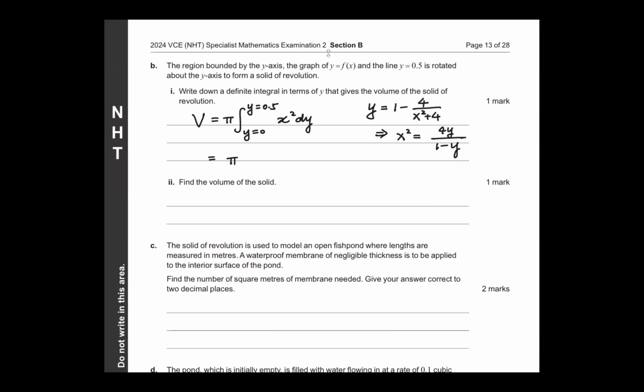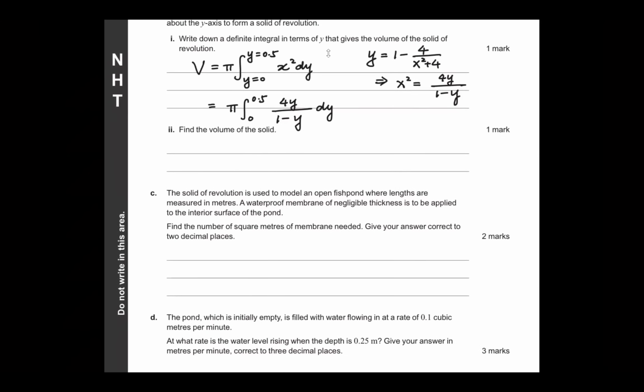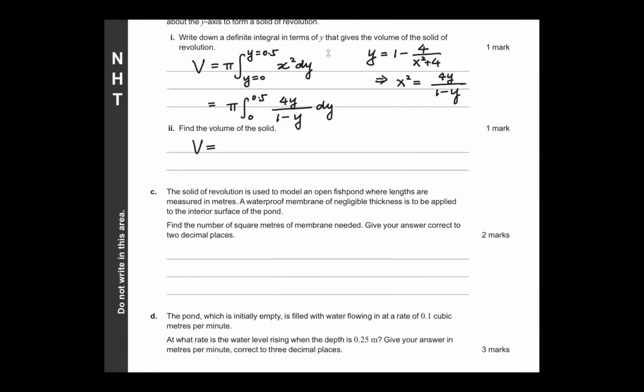But all you need to do next is write pi integral 0 to 0.5, 4y divided by 1 minus y. Don't drop out your dy, okay? That bookends the definite integral. And then you can use your CAS to get the exact answer, which is 2 pi times 2 log e of 2 minus 1.